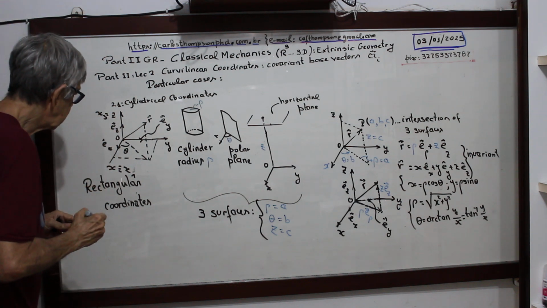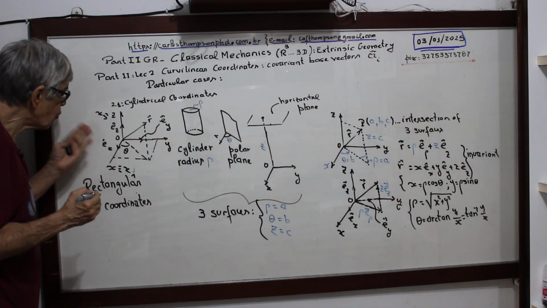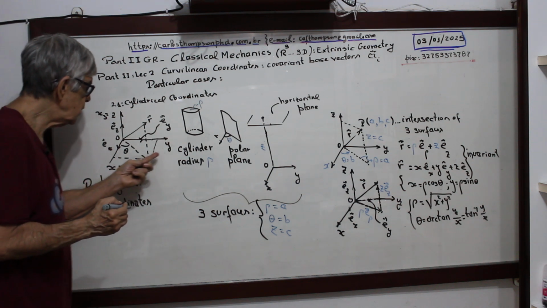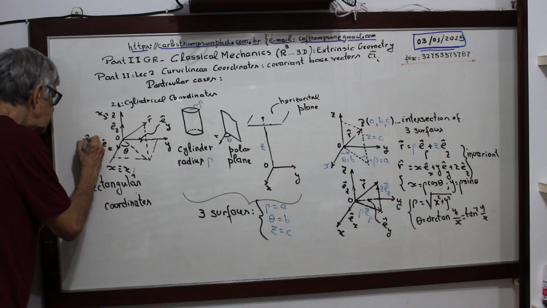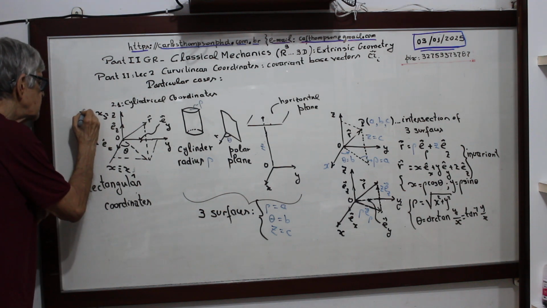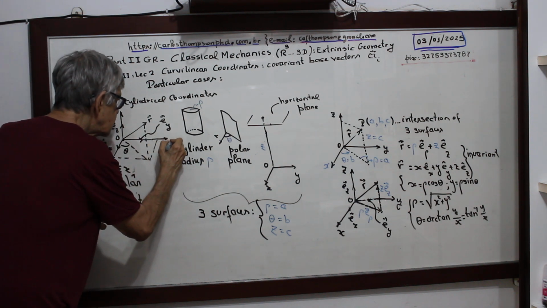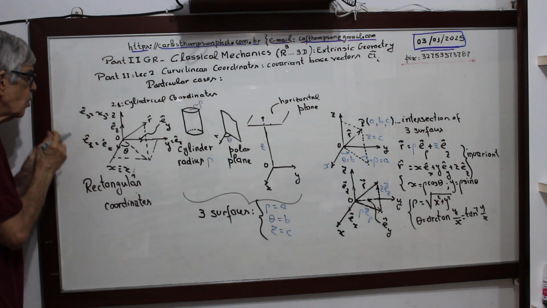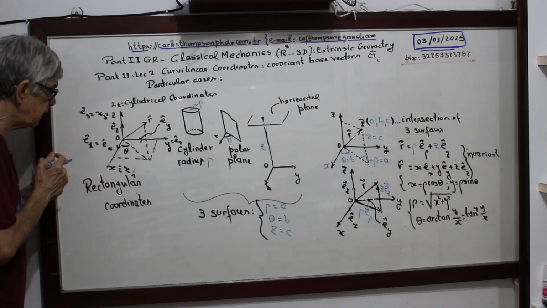And also the orthonormal basis is E sub 1, E sub 2, and E sub 3. I'll write here E sub 1, this E sub 3, and this is E sub 2. Don't forget that. You already saw it in lecture 1A and 1B.